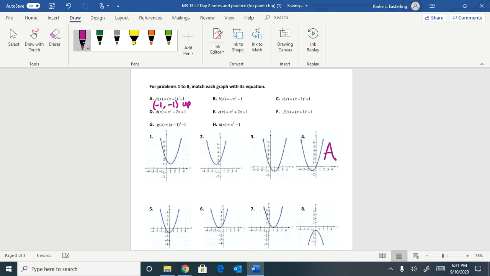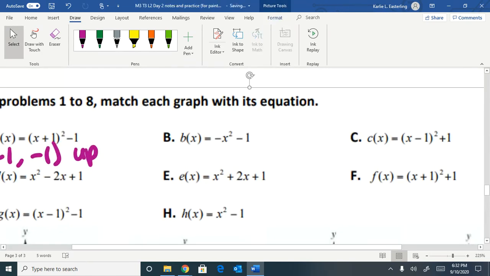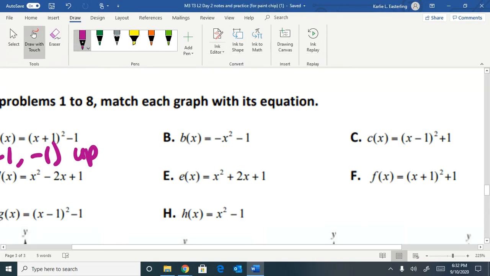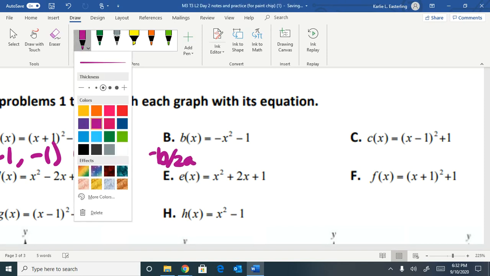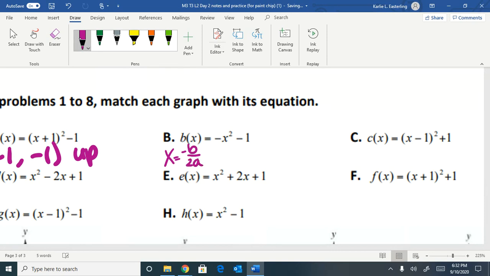Whenever we're looking at B up here, that is in standard form. So we would have to then do our axis of symmetry, so that x equals -b divided by 2a. Our b value here is 0.